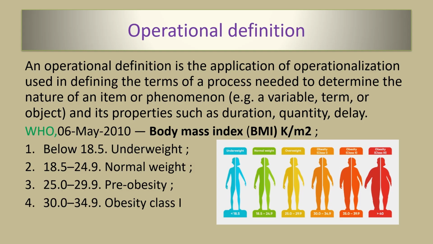For example, body mass index (WHO definition): below 18.5 underweight, 18.5 to 24.9 normal weight, 25 to 29.9 pre-obesity, 30 to 34.9 obesity class 1.